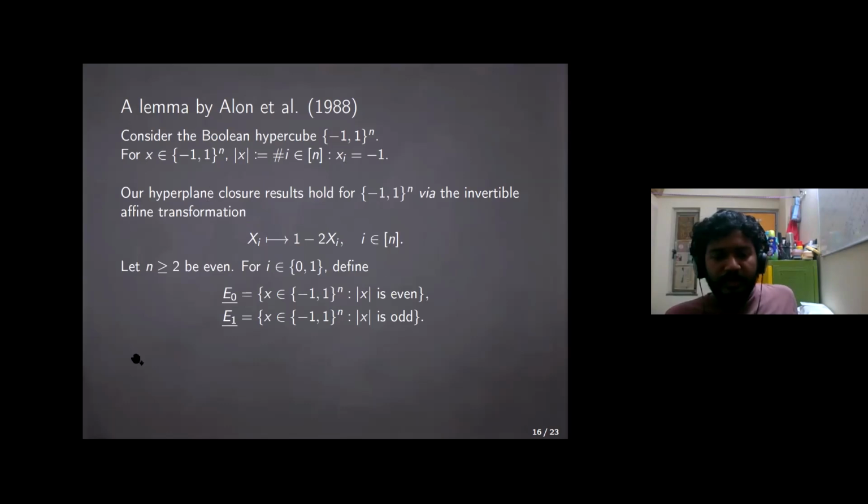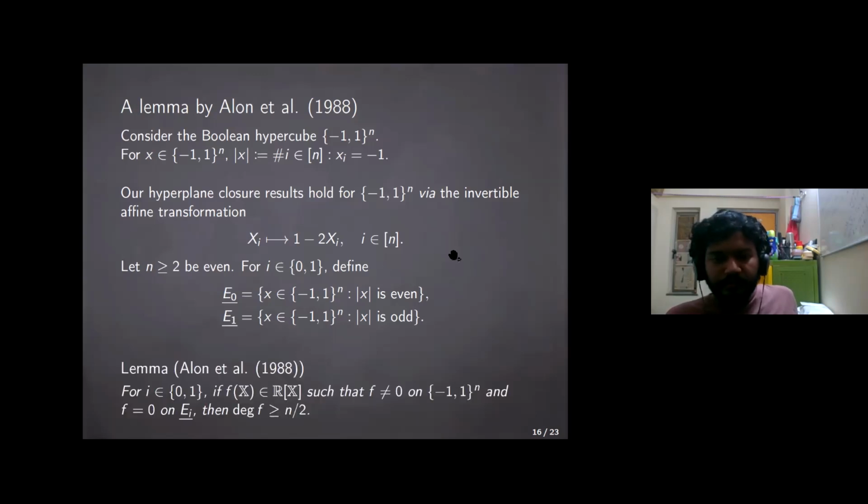Okay, so now let me just introduce two subsets. What am I interested in? I'll take n to be even, and I'm collecting all the even layers and all the odd layers. Okay, all the layers with Hamming weight even, all the layers with Hamming weight odd.